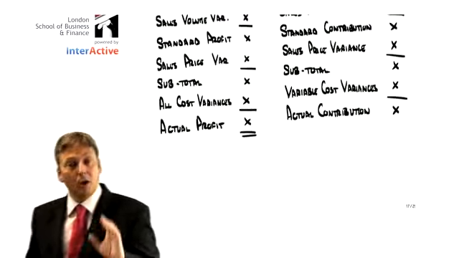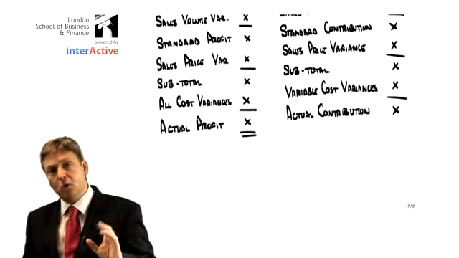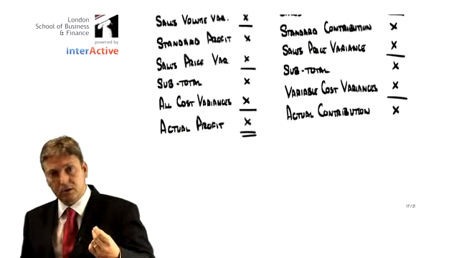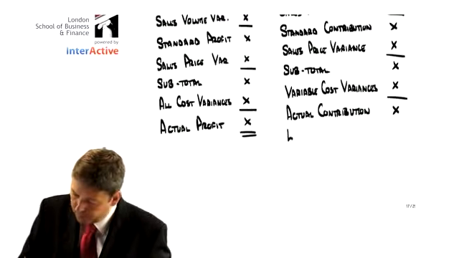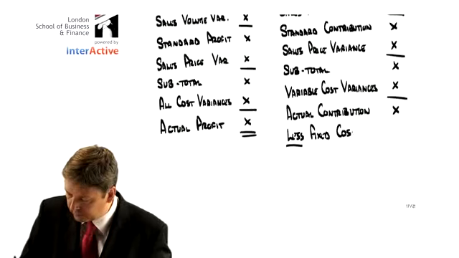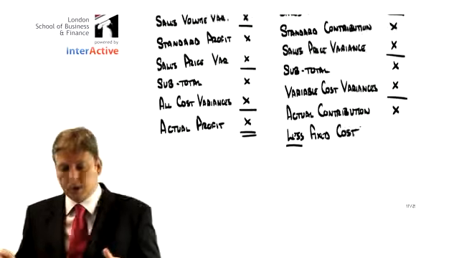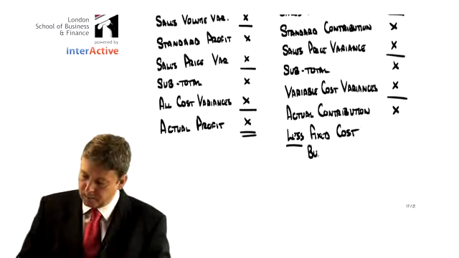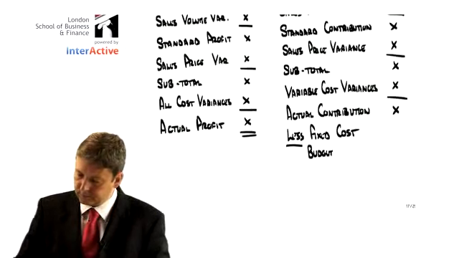But normally we go a little bit further because, of course, we still have our fixed costs. So, from this actual contribution, we would take away our fixed cost. And to do this, we would start with our budgeted fixed cost.